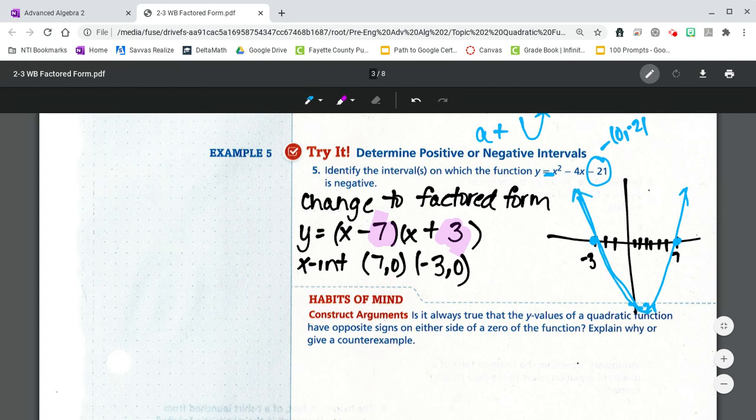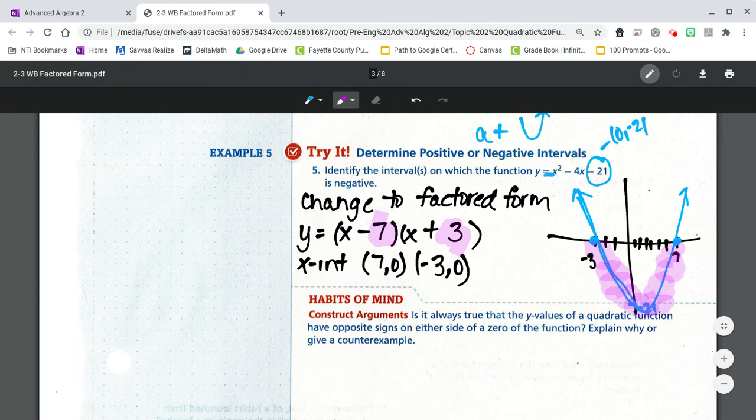Okay, but what I'm trying to answer is the intervals where the function is negative. So remember, negative means the parts of the graph where the y values are negative. So that would be all the parts below the x-axis.